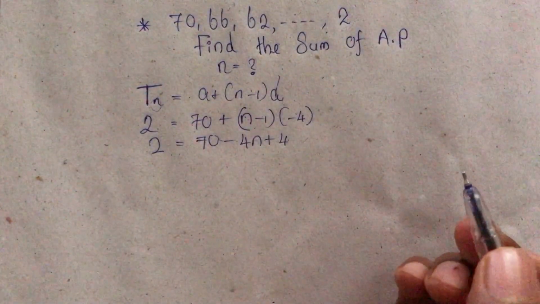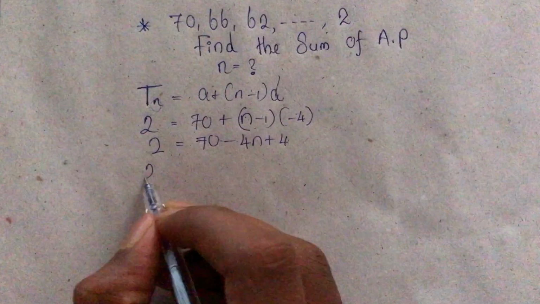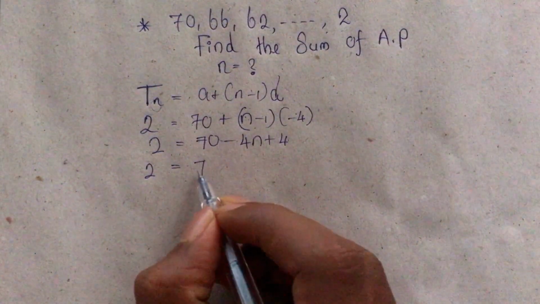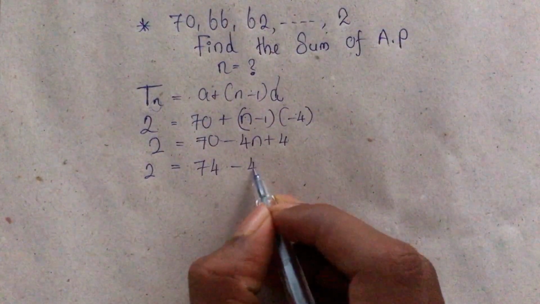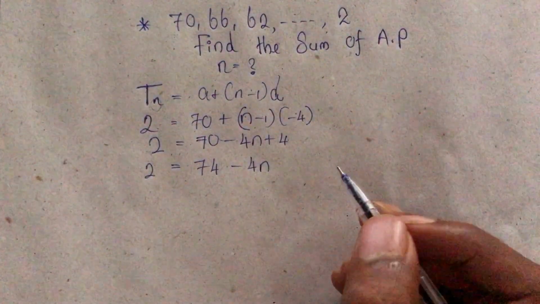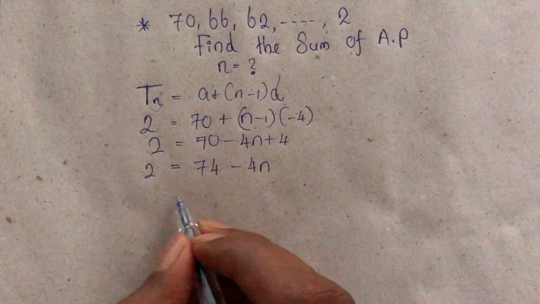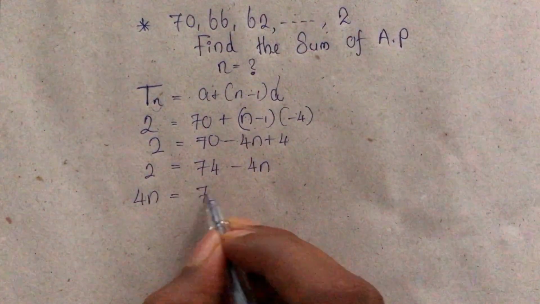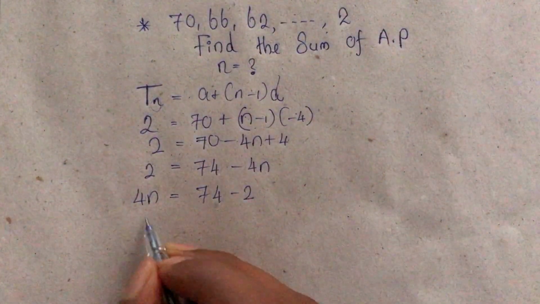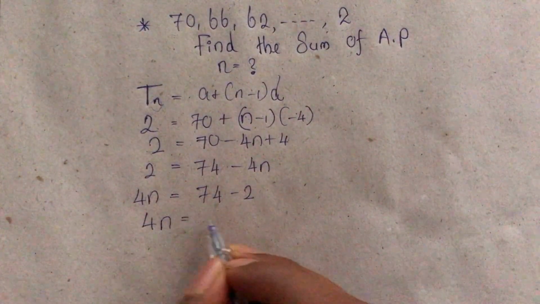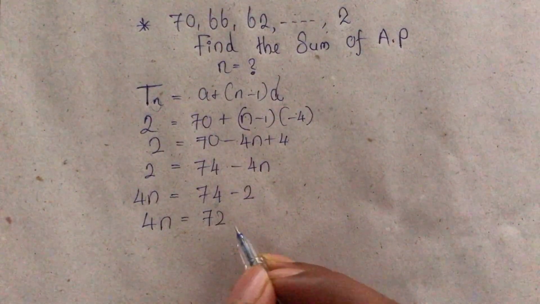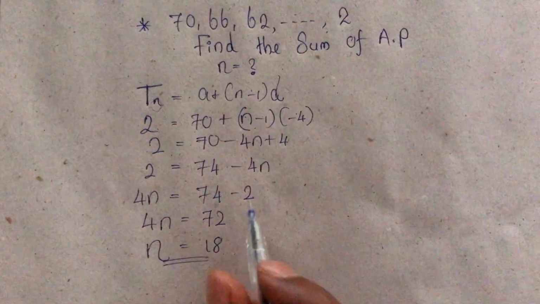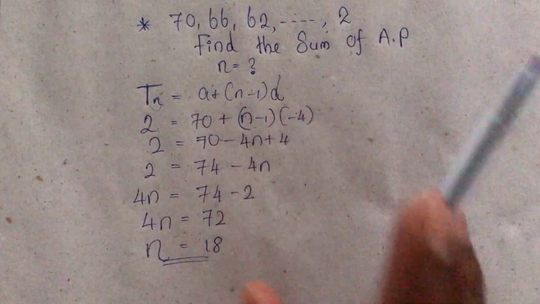Then when you simplify this, it is 70 minus 4n plus 4, then it is 74 minus 4n. We can find the value of n by simplifying. Then 4n equals 74 minus 2 by changing the side. Then 4n equals 72. You got the answer as 18 for the number of terms.